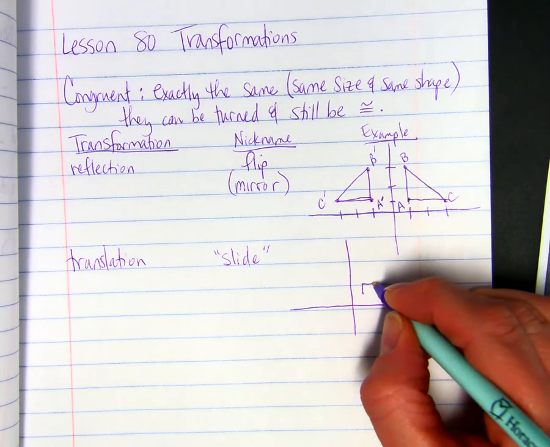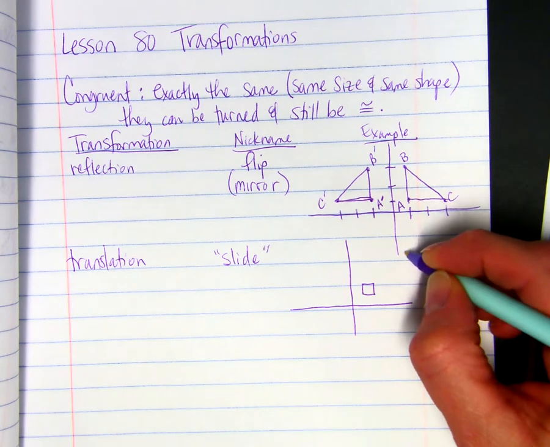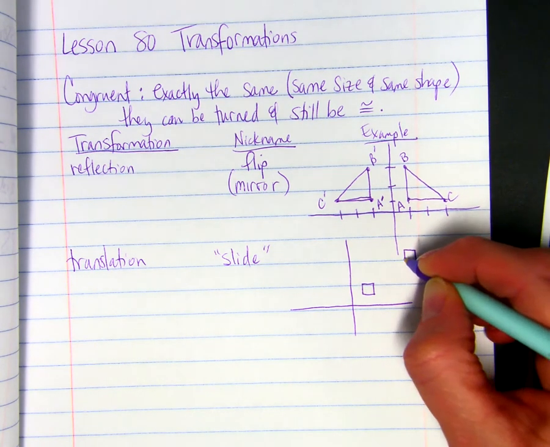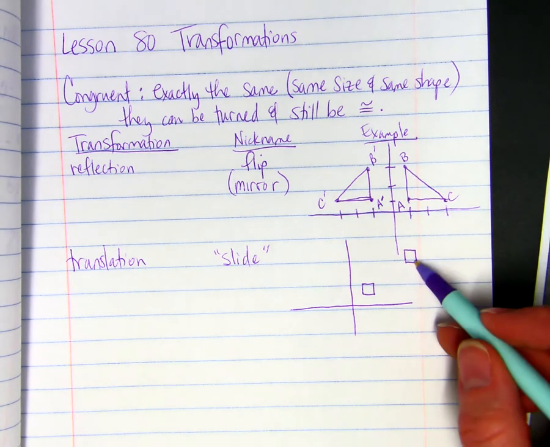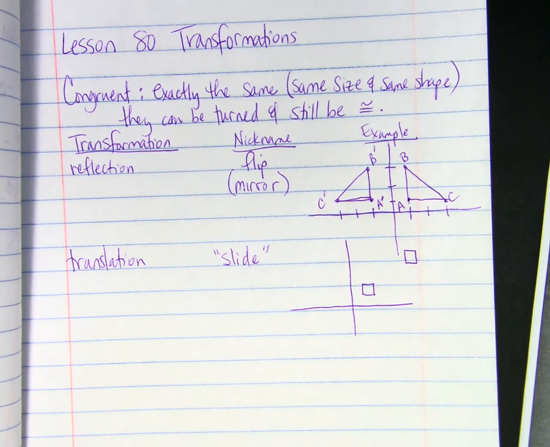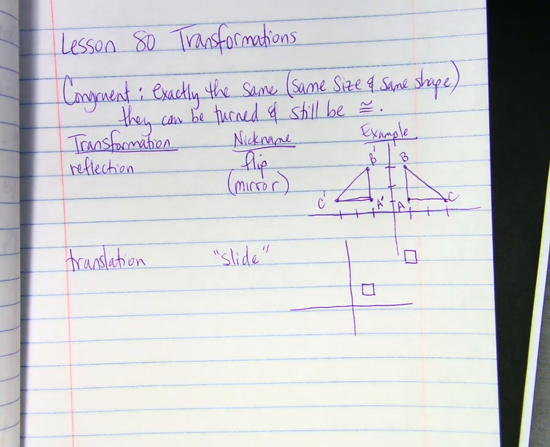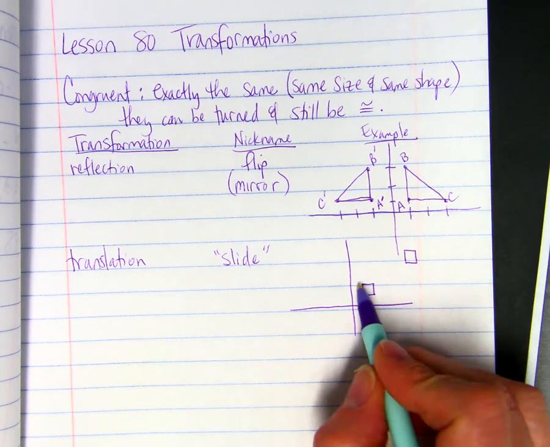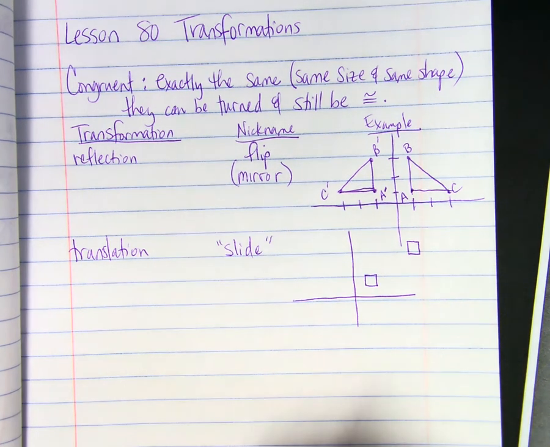We're just going to take a square and we're going to translate it up and to the right. So it should look exactly the same. It's just moved along a straight vector. So like this one just kind of goes that way, or it could go sideways or that way or whatever.